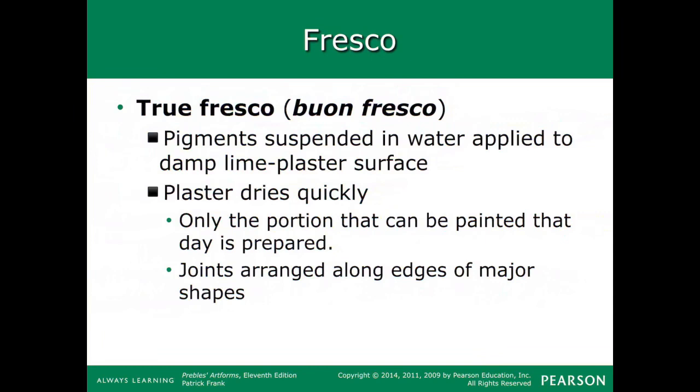And something about buon fresco is that the plaster dries relatively quickly, so only a portion can be painted at a time. Usually they have to have the surface ready, whichever kind of surface it is, perhaps a wall.